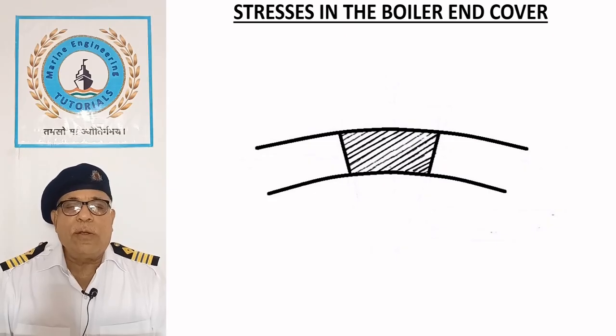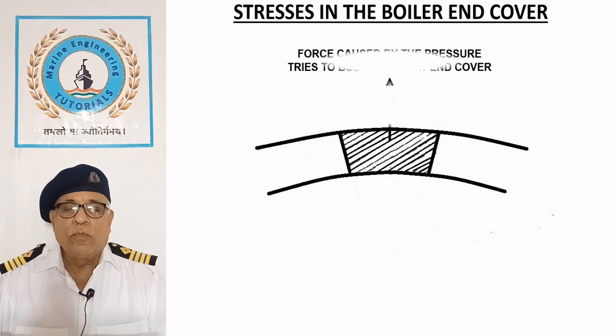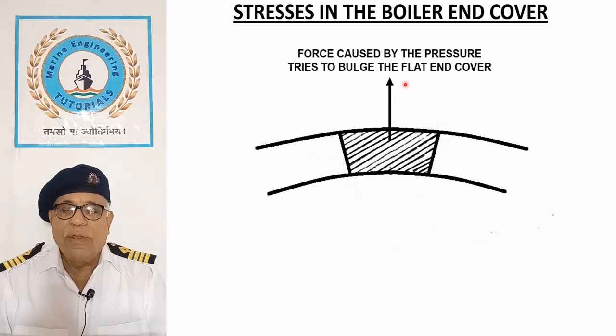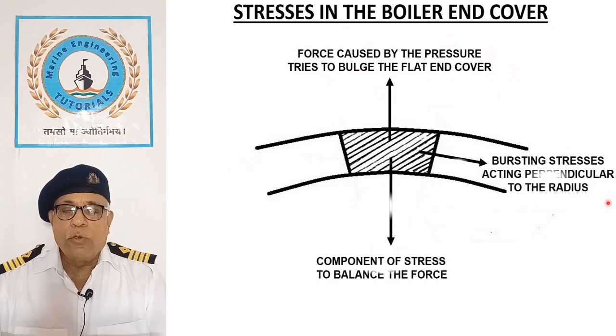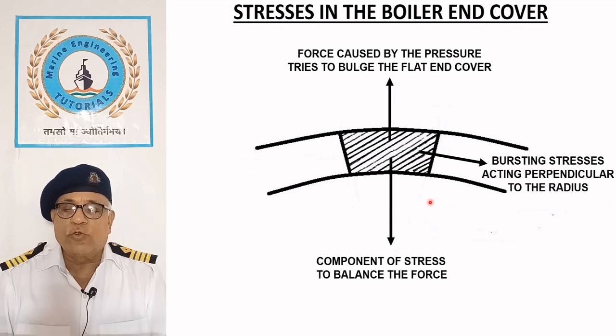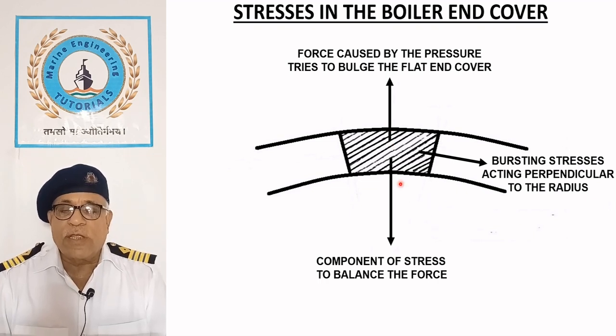Stresses in the boiler end cover. The figure shows that when pressure acts on the flat plate, it causes the plate to bend until equilibrium is reached. To resist the bursting force, internal stresses are developed in the plate.